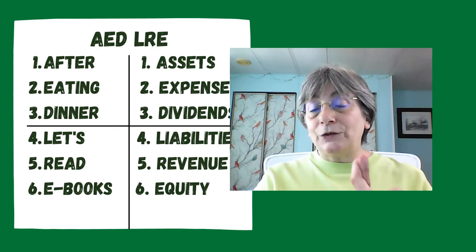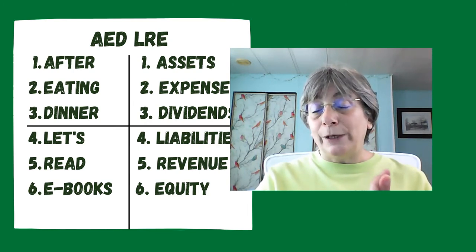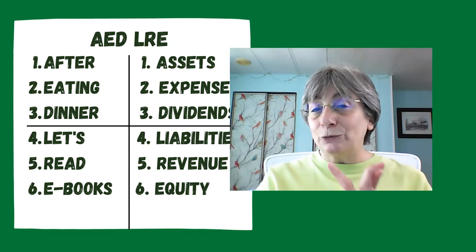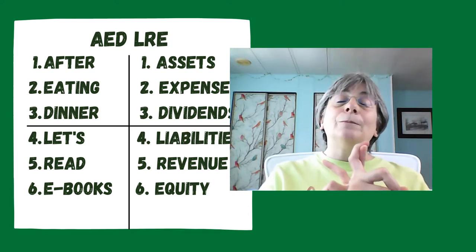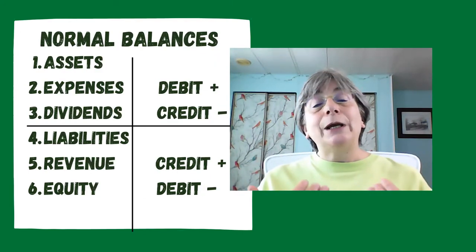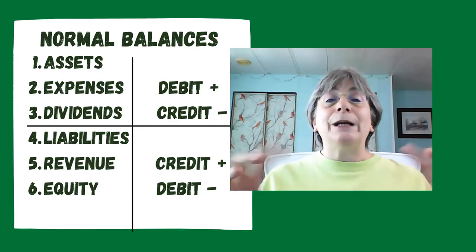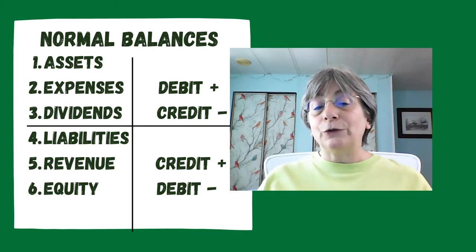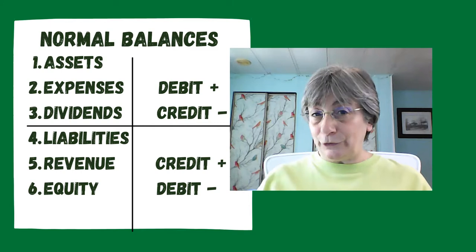AED, assets, expenses, debits, after eating dinner. Let's read ebooks, liabilities, revenue, equity or capital. The normal balance is a credit. So every time we're increasing or decreasing an account, because there's been a transaction, we're going to increase or decrease those accounts based on those normal balances.